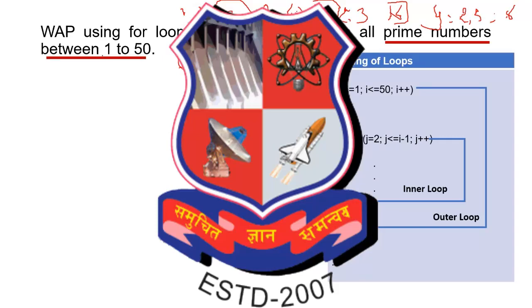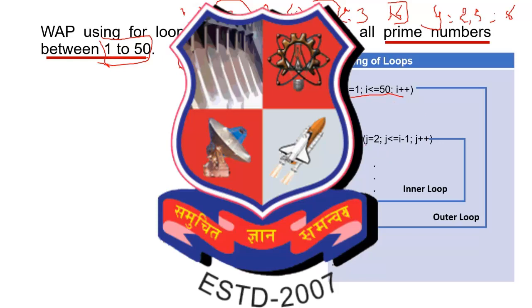Firstly, they have given us a range, and this range is 1 to 50. So we have to take two loops. The first loop is for this range and the second loop is for numbers 2 to I minus 1. So I have to write I equals 1, I less than or equal to 50.